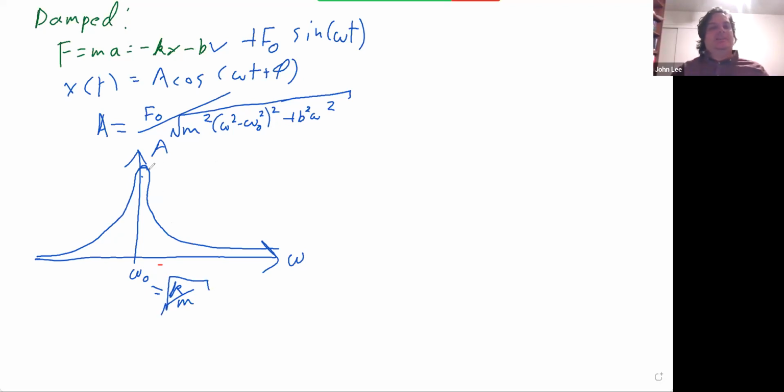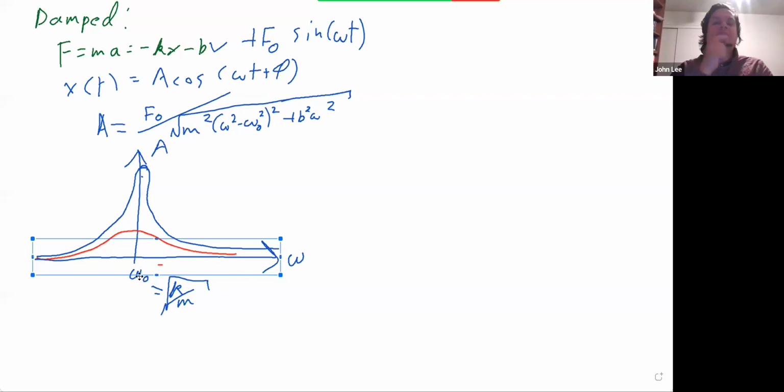So the amplitude gets a lot higher the closer you get to omega naught. The other thing to notice is that as b gets bigger, this peak gets wider.